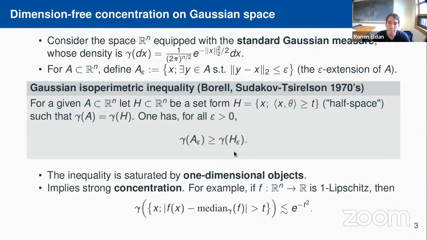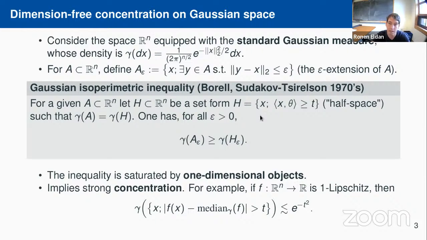Now, one of the main points here is that this inequality is dimension-free. So first of all, note that the extremal sets only depend on one direction in space. This set is essentially one-dimensional in a sense.